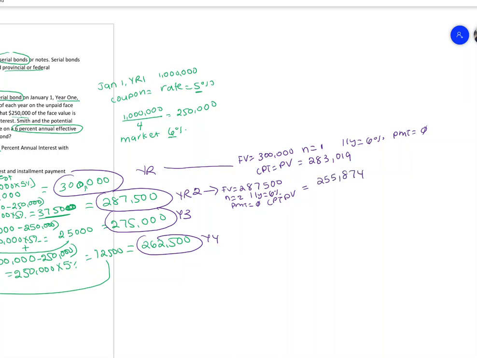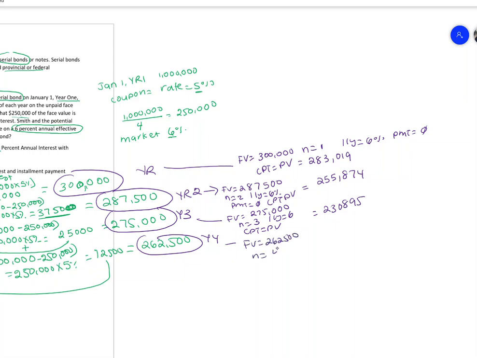255,874. You go to your year 3, so your future value becomes 275,000. Your N is going to be 3. Your I/Y is equal to 6, and then you're going to compute your present value. That will give me 230,895, and year 4, your future value becomes 262,500.